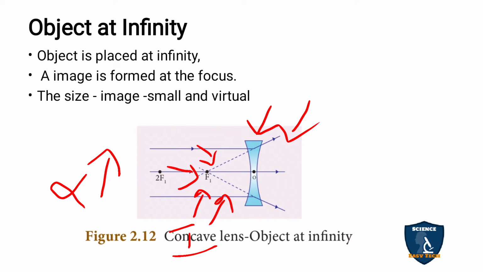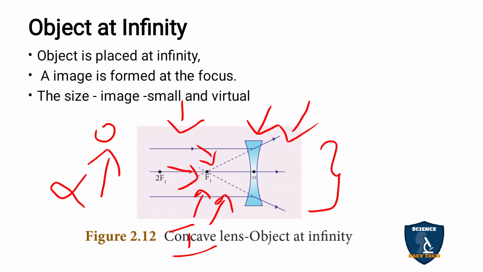All images in a concave lens are virtual because they form on the object side. There is no formation of image on the other side.